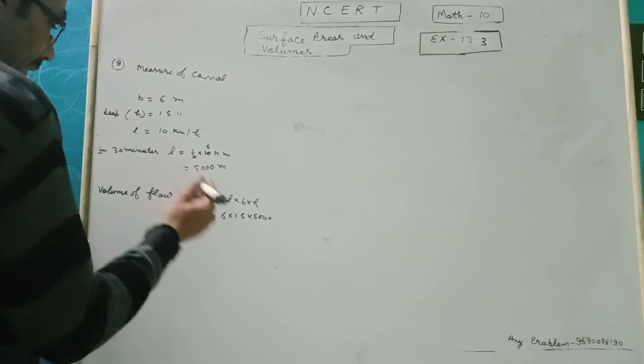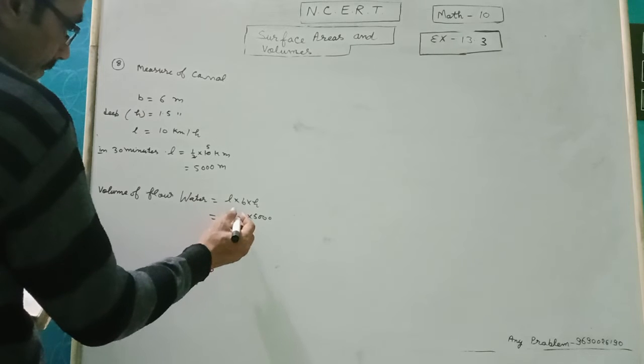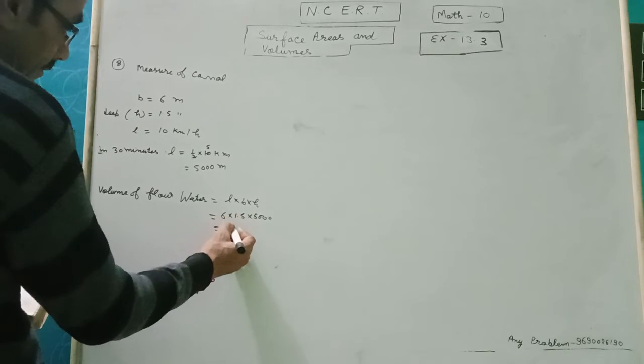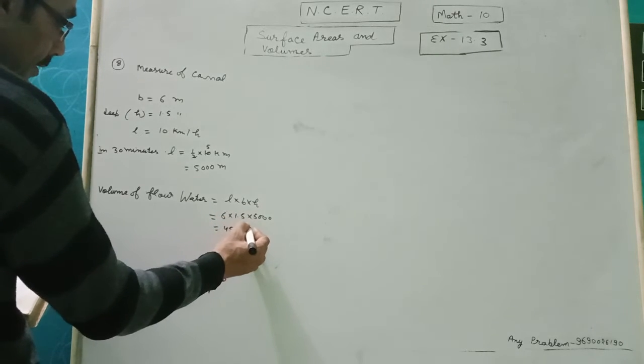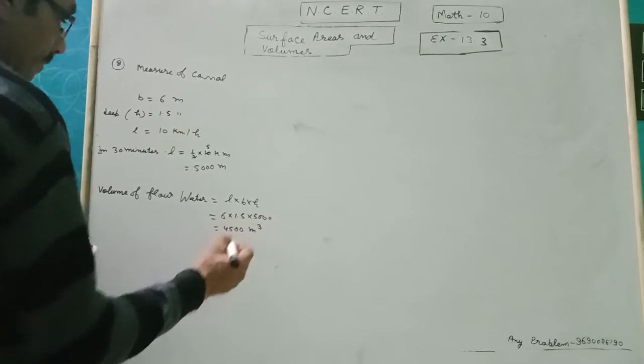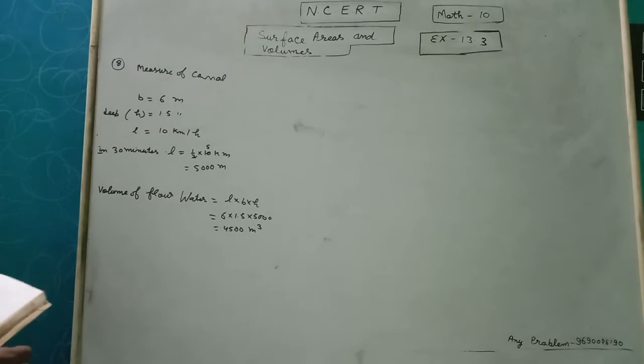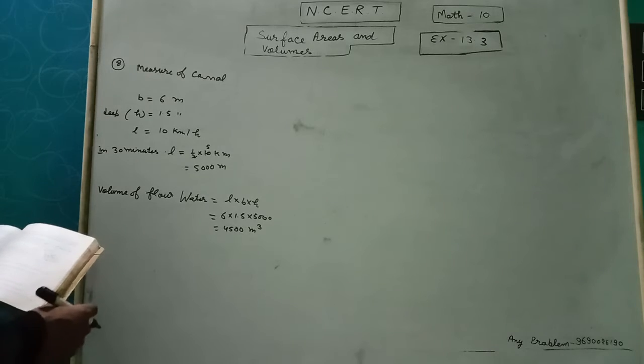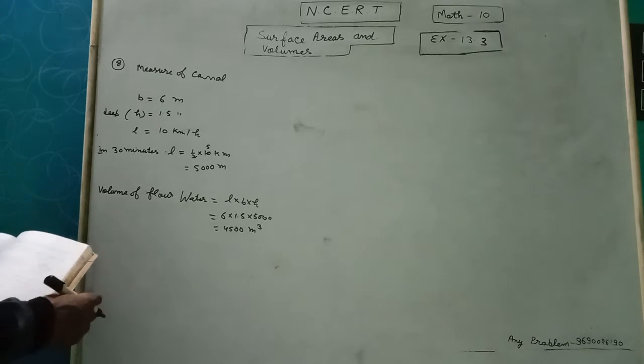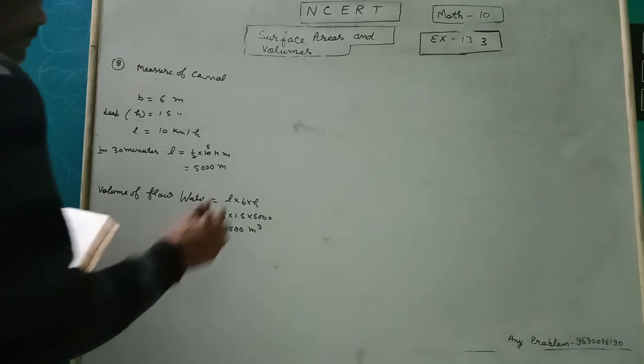After multiplying, 45000 meter cube is the water flow in 30 minutes.